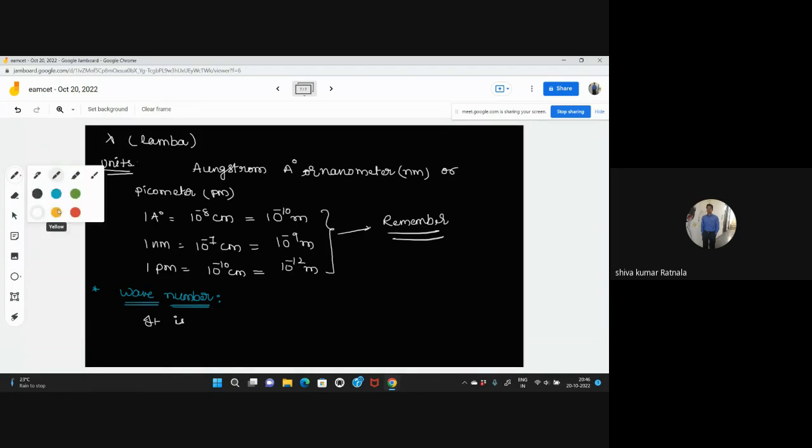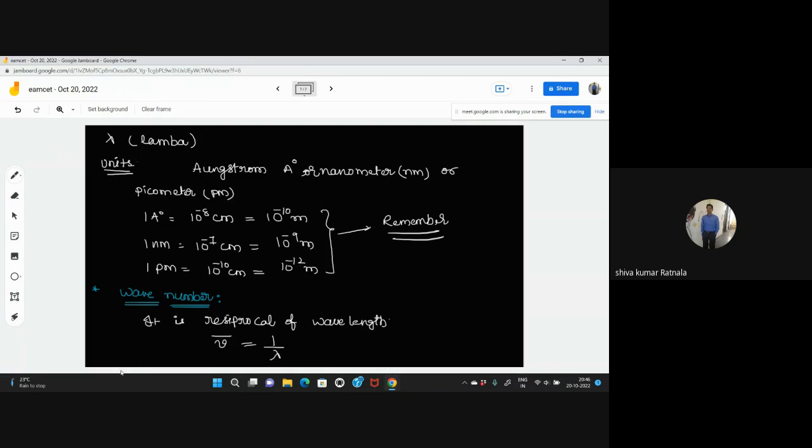We will represent wave number with nu bar. Wave number nu bar equals 1 by lambda.